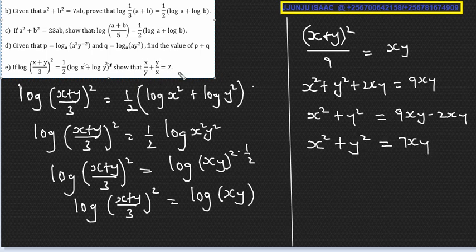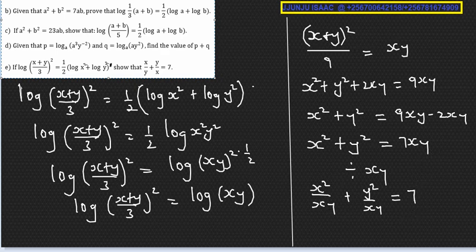Okay, now you can see what we have, meaning we divide by xy to get 7. So divide by xy throughout, we shall get x squared over xy plus y squared over xy equal to 7.